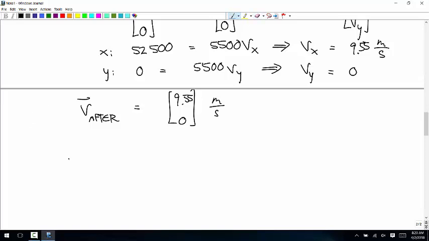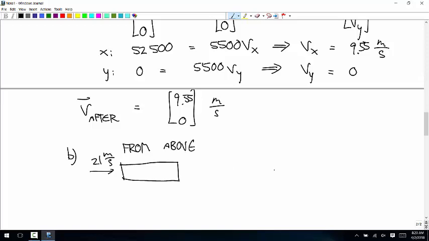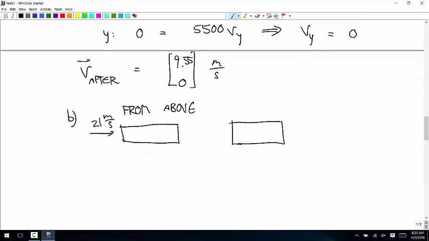Okay, so now let's do the elastic calculation. We still have from above this one going 21 meters per second, and this one at rest. Our coordinate system has the x-axis in the direction of the motion. So for conservation of linear momentum, I'm only going to write down the x equation.